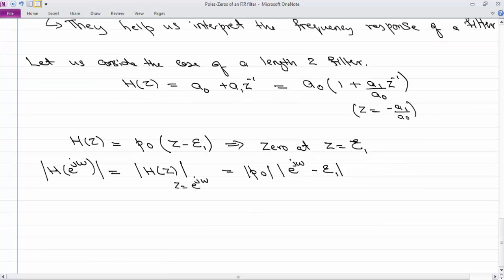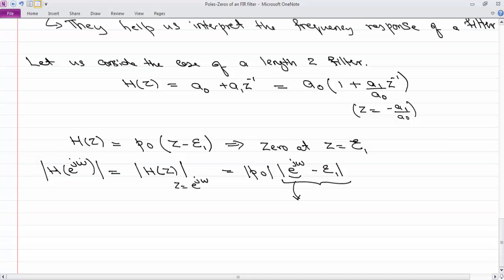So now let's consider the effects of, so this is my 0. Let's consider the effect of the 0 on the frequency response. So let's use simple vector knowledge that we have gained over the years, in high school and in college. So treat this as a vector, e to the j omega.